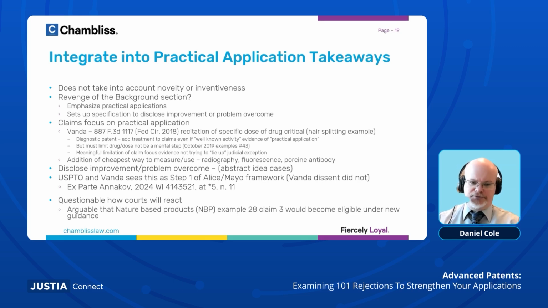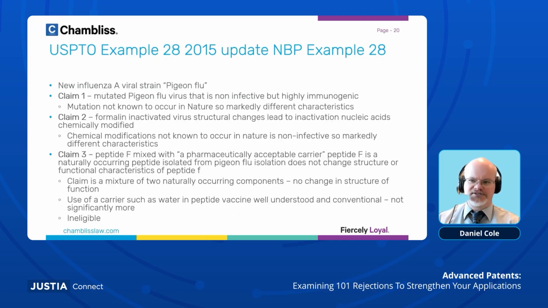In the USPTO example 28, it's likely that claim 3 would become eligible under the new USPTO guidance, when before, in the earlier guidance, the PTO said this was not patentable.